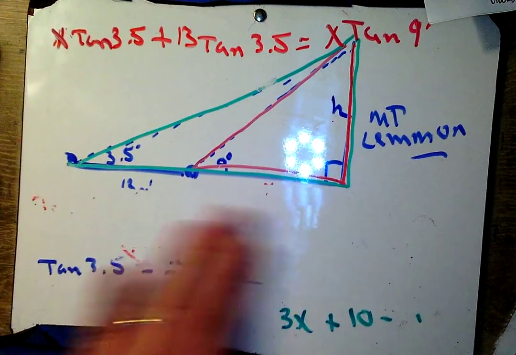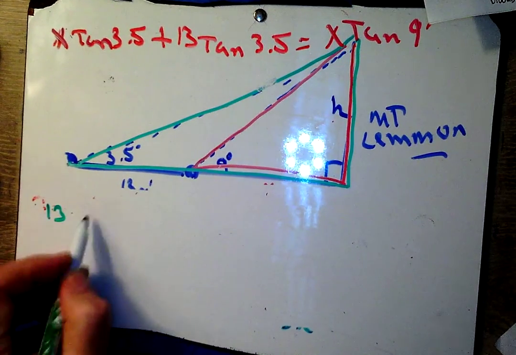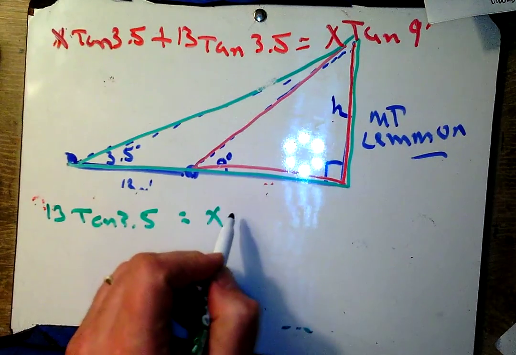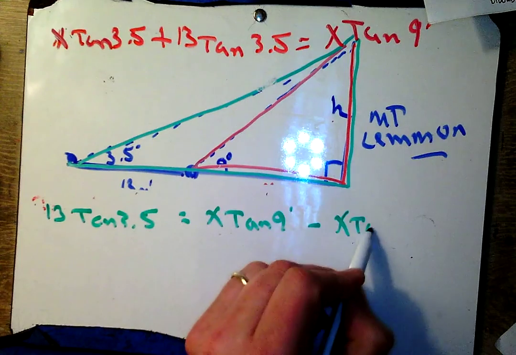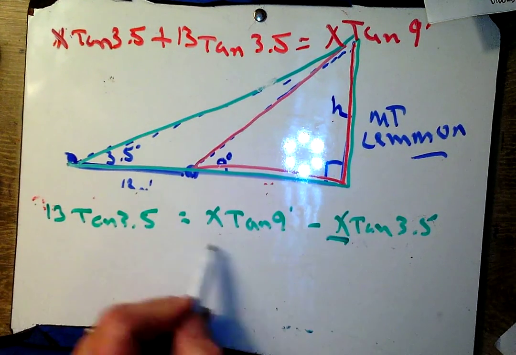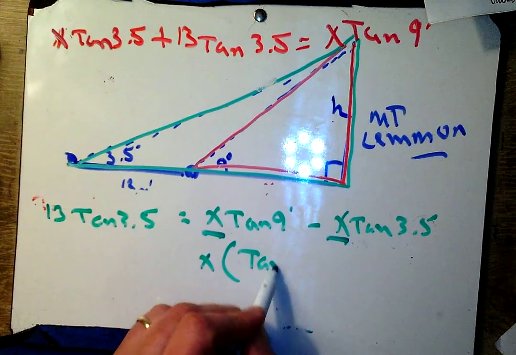So I'm going to subtract this from both sides, which will leave me with 13 tan 3.5 equals x tan 9 minus x tan 3.5. And why did I want to do that? Well, I see two terms, and they have a common x. So I'm going to factor that out.